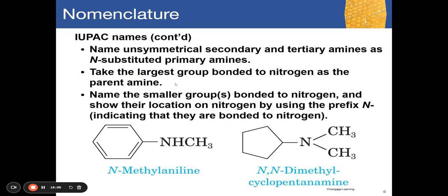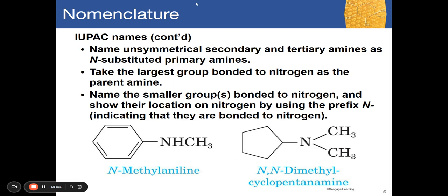Okay, next. Name unsymmetrical secondary and tertiary amines as N-substituted primary amines. Take the largest group bonded to nitrogen as the parent amine and name the smaller groups bonded to nitrogen, showing their location on nitrogen by using the prefix N. So paano kapag ganito, unsymmetrical daw yung kanyang label.